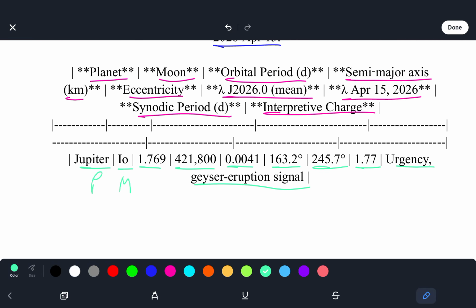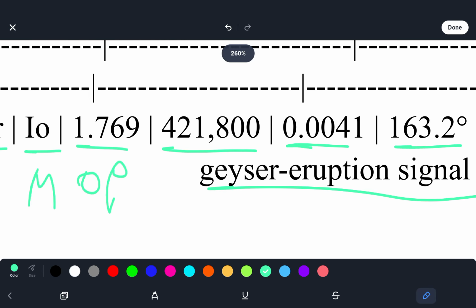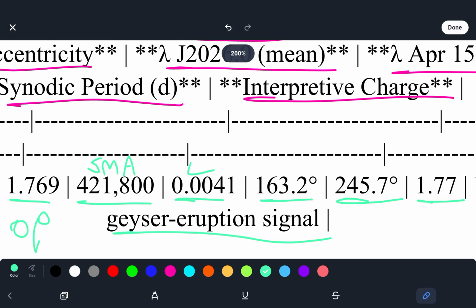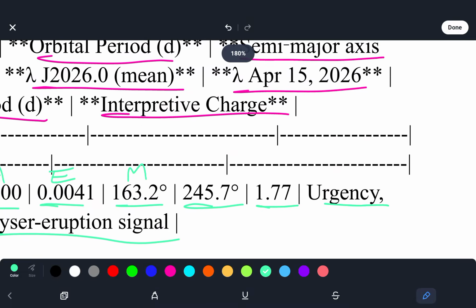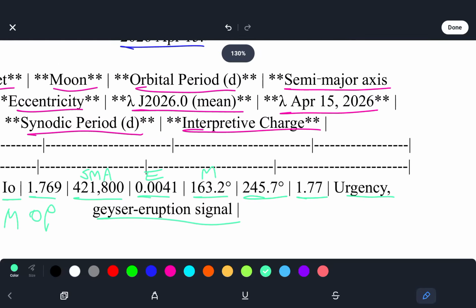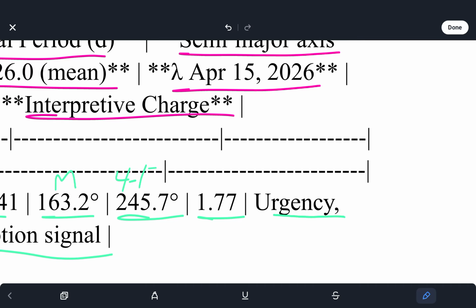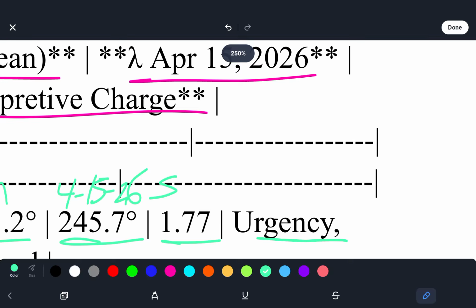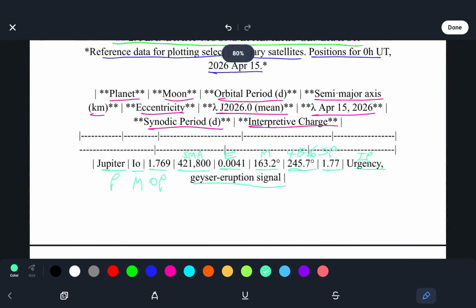We also have our orbital period, our semi-major axis, as well as our eccentricity, our mean. We have our date there, that's April 15th, so we'll just say 4/15/26. And then our synodic period, and then we have our interpretive charge. All right.